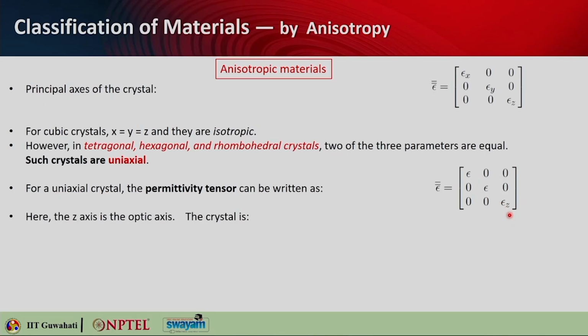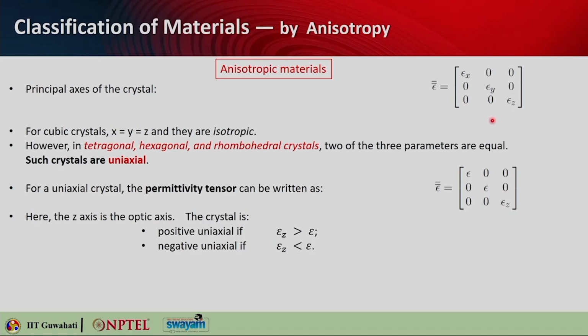So it means that along x and y they have the same permittivity, but along z they have a different one. So you can take z as the optic axis, and you can call this particular crystal a positive uniaxial crystal if the permittivity along z is larger than the permittivity along x and y, and you can call it negative uniaxial if it is the other way, that epsilon z is less than epsilon.